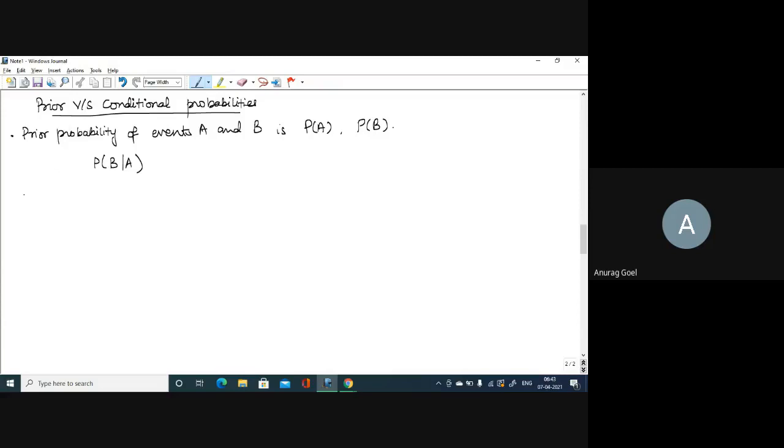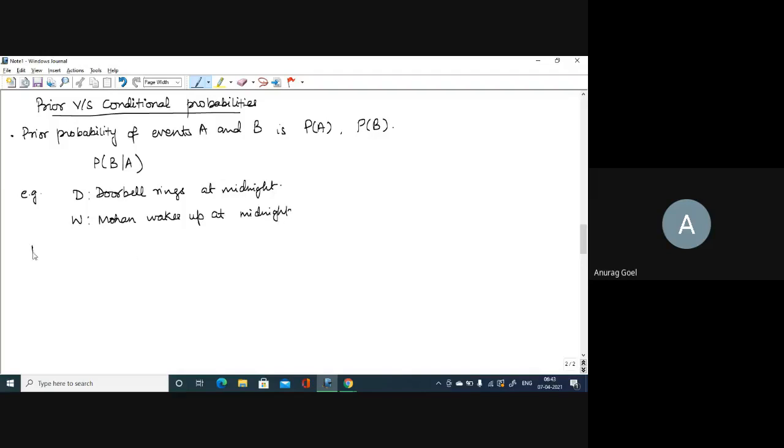Okay, so for example, let's consider the event D, that the doorbell rings at midnight, and the event W, that Mohan wakes up at midnight.